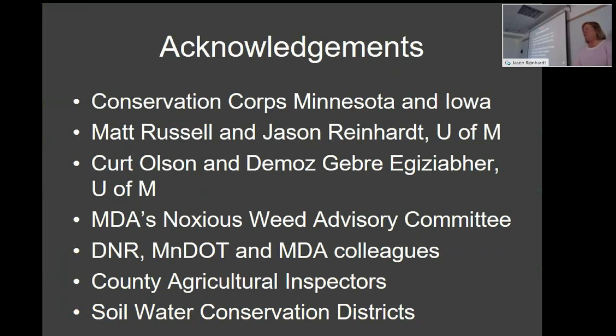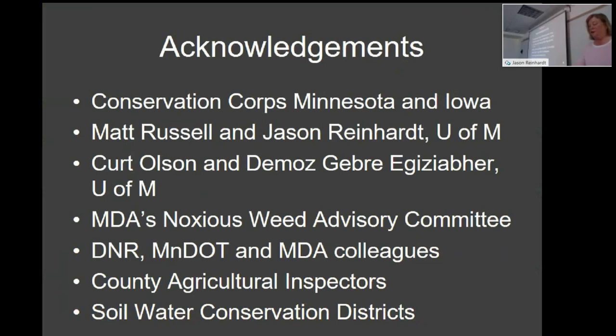And Matt Russell and Jason Reinhardt are really helping us to understand where these populations are, what's going on, what do we need to look at for spread, where should we be prioritizing. And Kurt Olson is the pilot, he's been doing the drone work, so he's in the College of Science and Engineering.